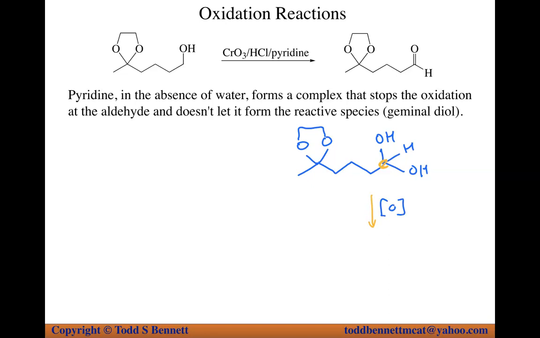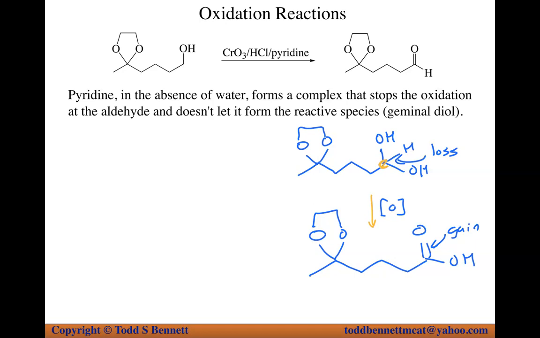If I had no pyridine in there, it would go all the way to this functional group, meaning it would undergo gain of a bond to O and then loss of a bond to H. So it'll gain one more bond to O, kind of like it did up here, where it gained and then lost a bond to H. So same here, loss of a bond to H, gain of a bond to O, going to gain a bond here, and end up as a carboxylic acid. So pyridine stops it at the aldehyde.